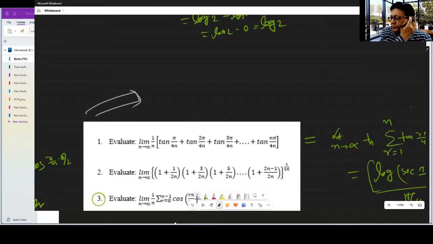This is also simple. I can't wait to share the JEE sums with you. Just let me do. Recent JEE. These are also JEE sums.